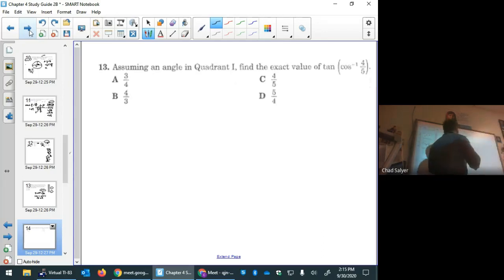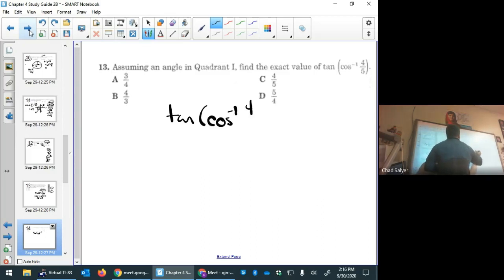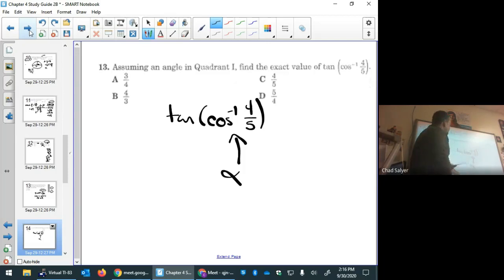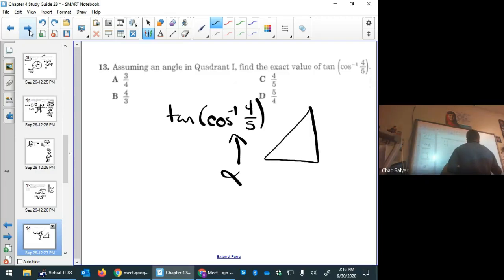Okay, so assuming the angle's in quadrant 1, find the exact value of the tangent of the cosine inverse of 4/5. So remember, this is just some angle alpha. Cosine inverse takes a ratio and maps it back to an angle alpha. And what do we know about that angle alpha? Well, we know it's in quadrant 1, so everything's positive. We don't have to worry about negative values.